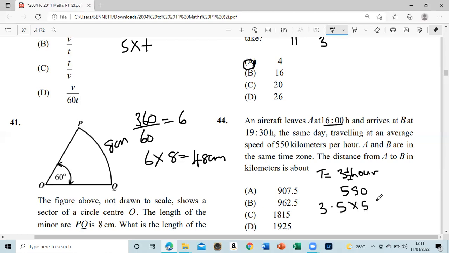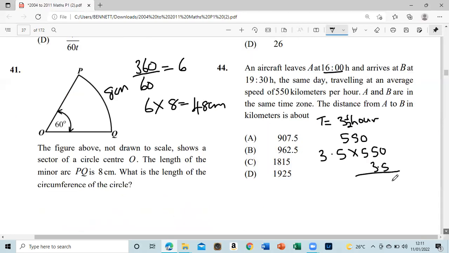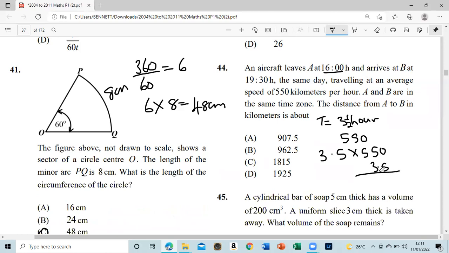The options are either 1825, 1815 or 1895, one out of those. Three times this is 1650, so we can check it. I've checked it, guys. Can't assume. We just do a rough check and then we stop halfway.